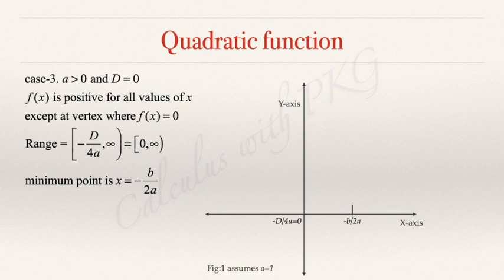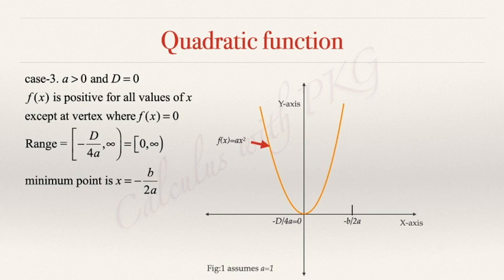Now case 3. Here I have chosen a greater than 0 and d equal to 0. Let us see in the graph. I have again chosen the same function f of x equal to a x square, but now a is greater than 0.